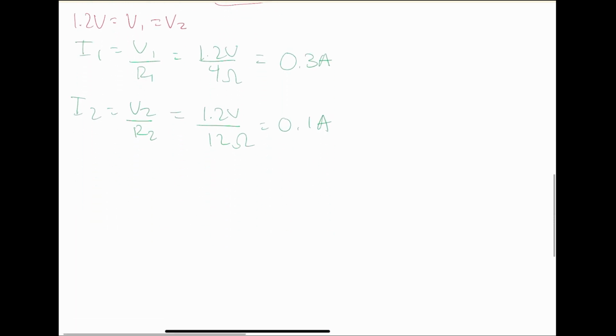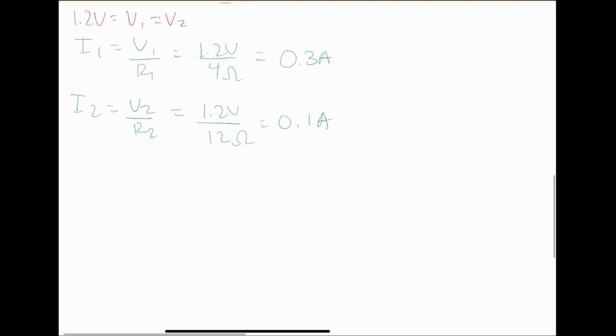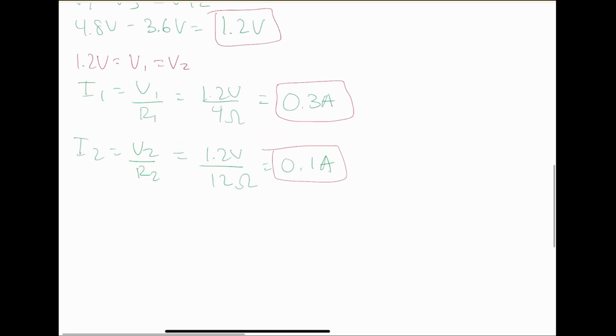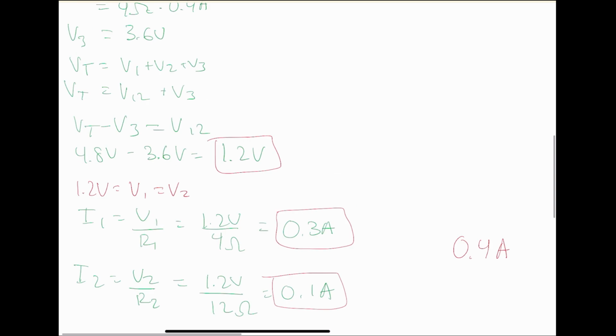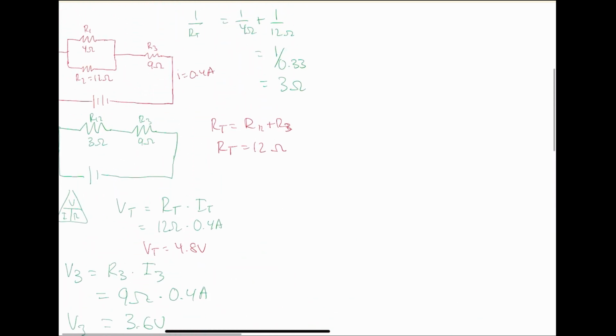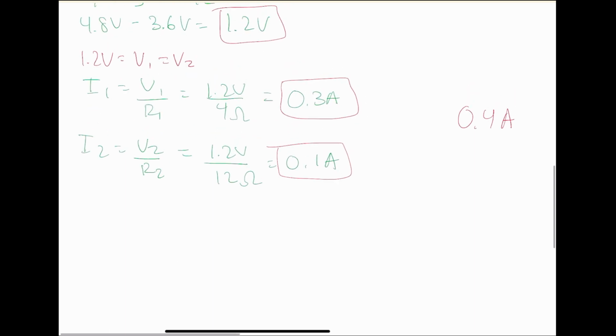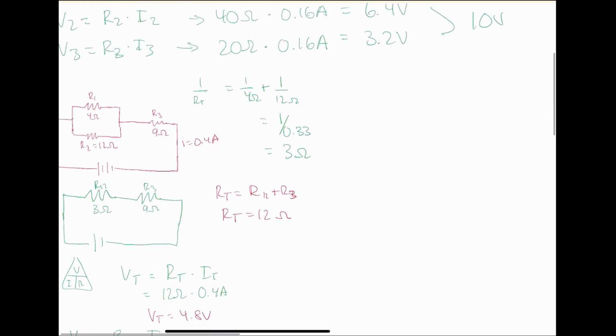Again, the sum of these should be equal to 0.4. Okay, first, we know that this is I1, this is I2. Using Kirchhoff's law, we know that if we add them up, it'll give us 0.4 amps, which is our total. And then it becomes a series with this, which is also equal to 0.4. And it's constant in a series circuit, so we know that we're right. And that's how you approach this question.